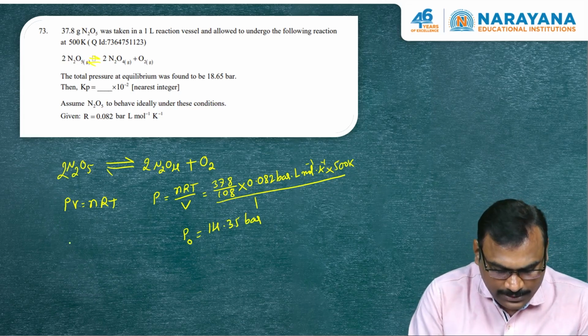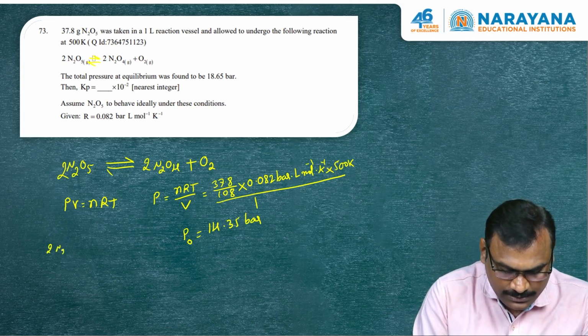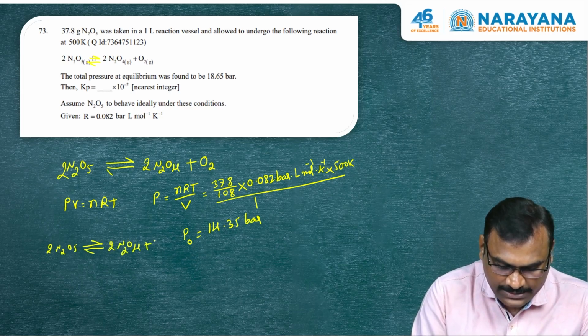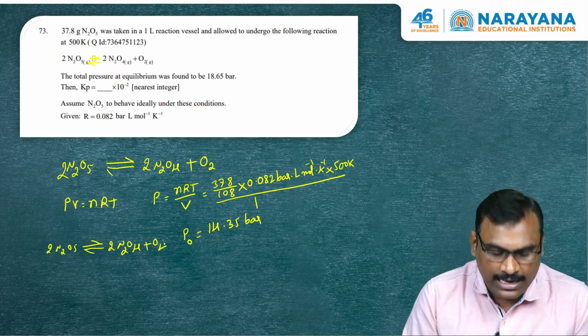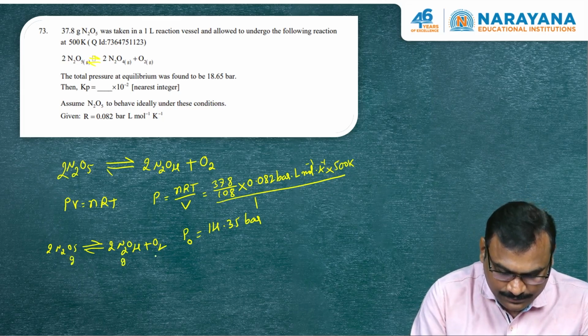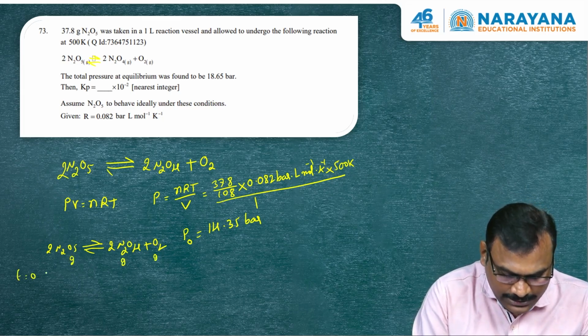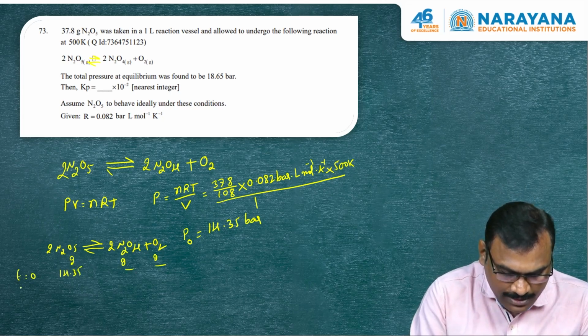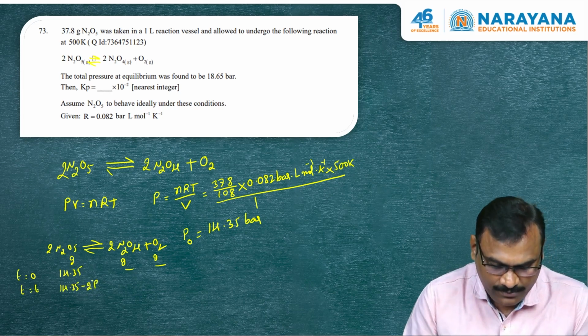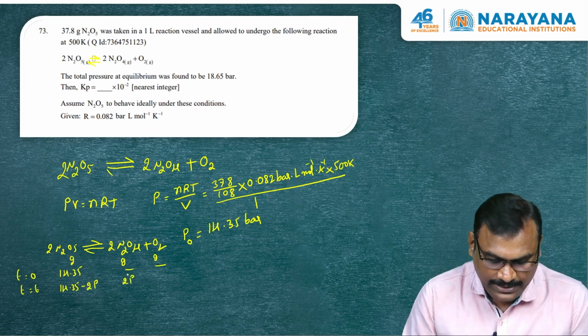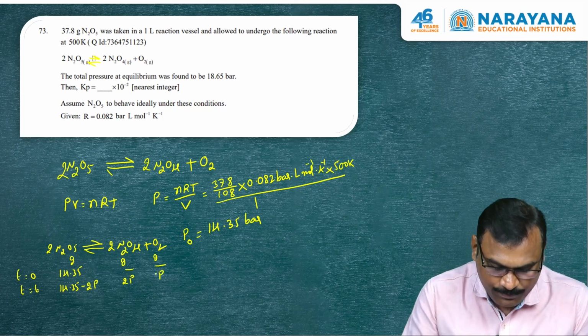Now, according to the given question, 2N2O5 gives 2N2O4 plus O2, all of them are gases. At time equal to 0, the initial pressure is 14.35. After a time of t, 14.35 minus 2p, here is the 2p, and now here it becomes p.